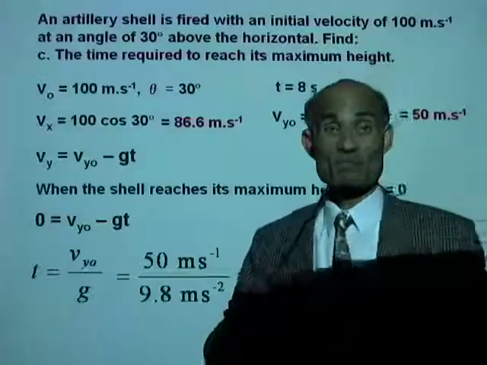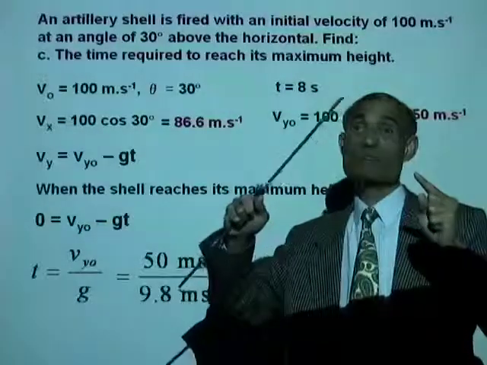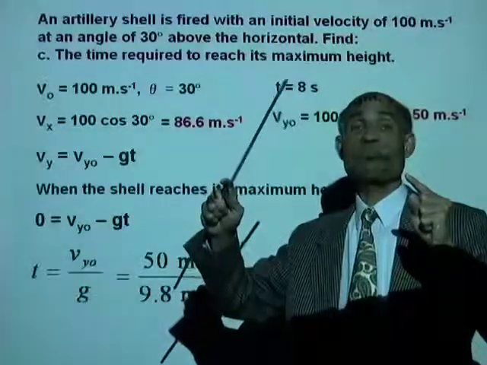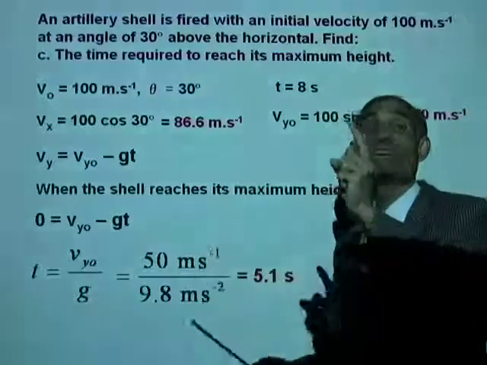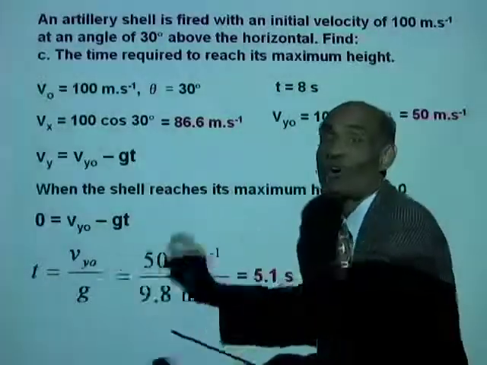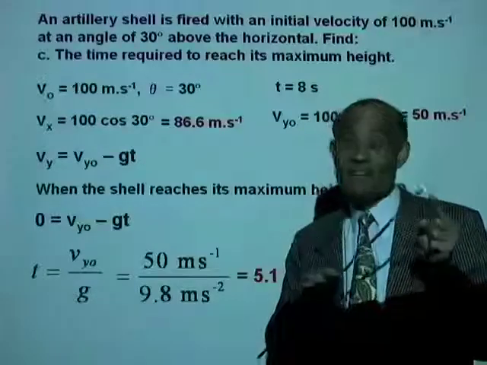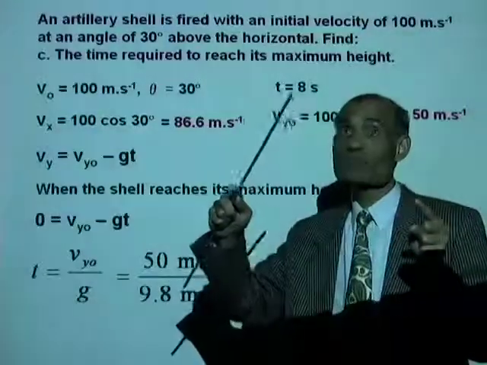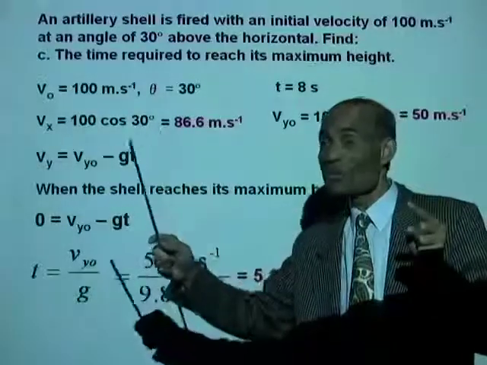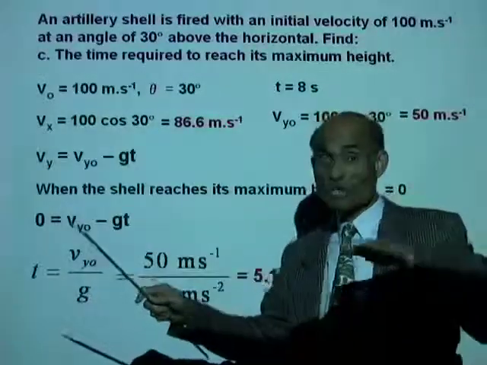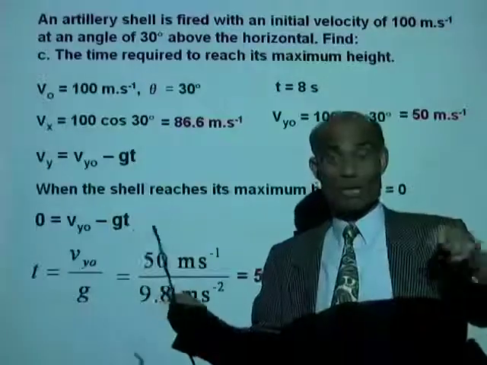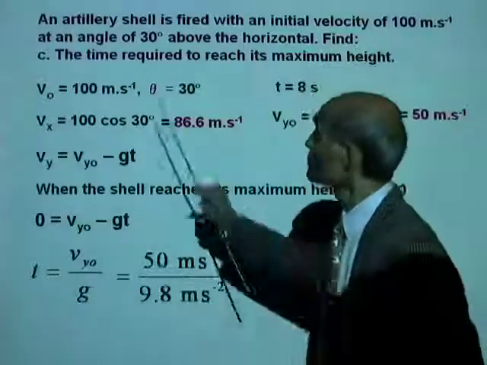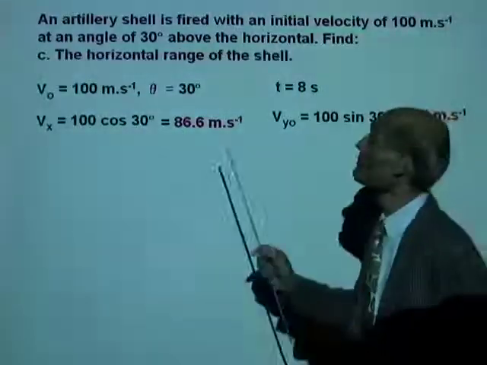Well, can you tell me now, if the time taken to reach the maximum height is 5.1 second, what is the time of flight of that shell? The time of flight will be double that time. The time taken to reach the maximum height is equal to the time taken to return to the same horizontal level. Alright, we will use that in our next section.